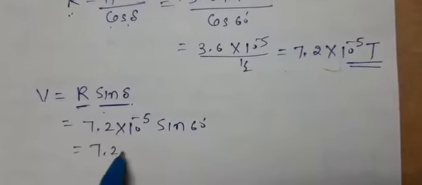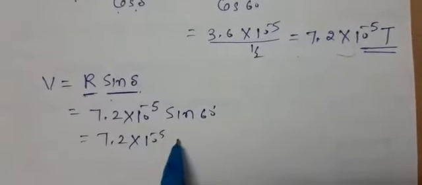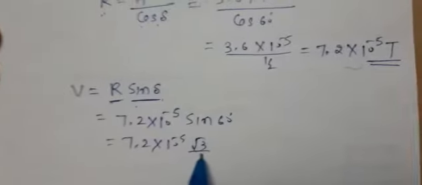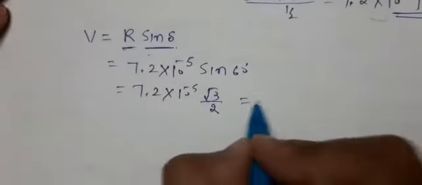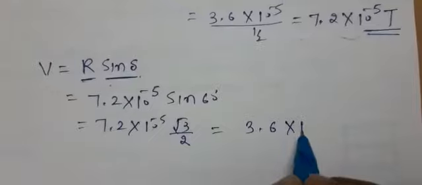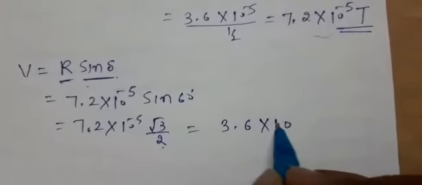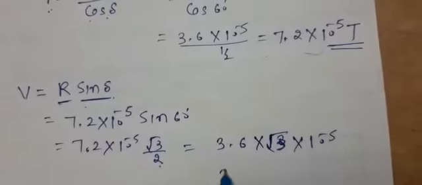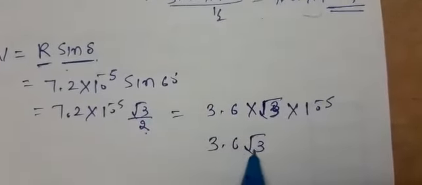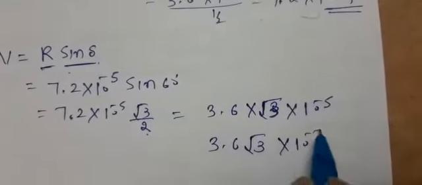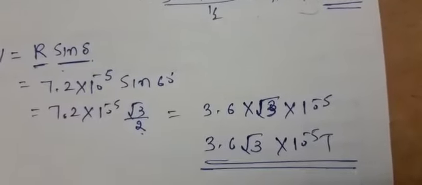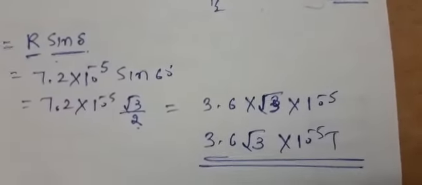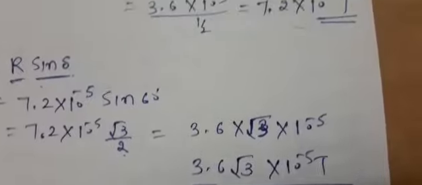Now sin 60 degree is root 3 by 2. So what will be the answer? This is 3.6 root 3 × 10 raised to the power minus 5 Tesla. It will be the vertical component of earth magnetization.